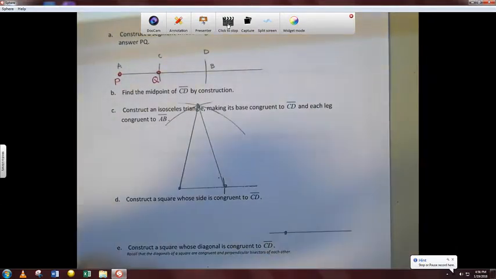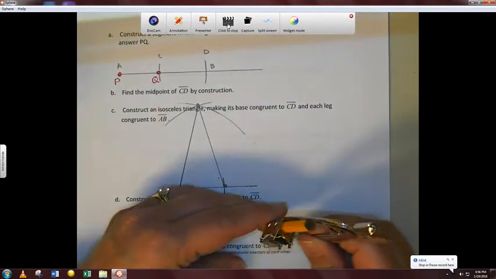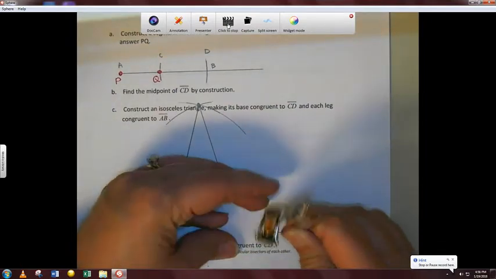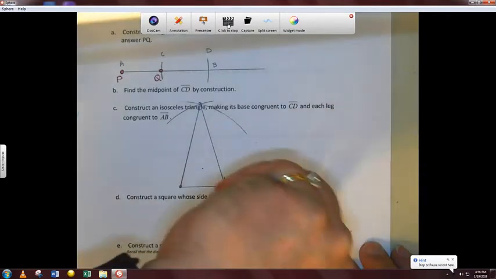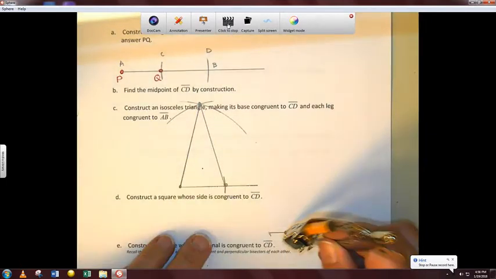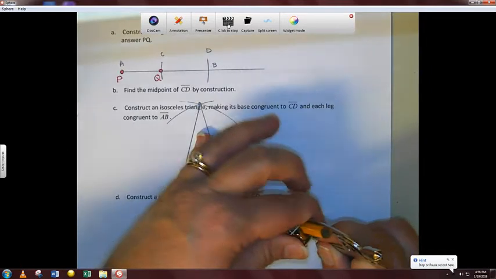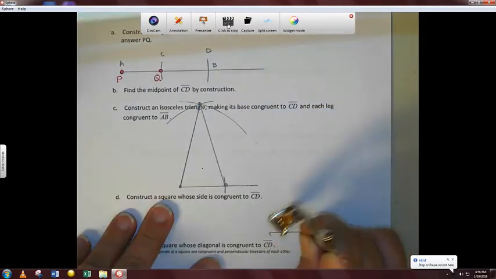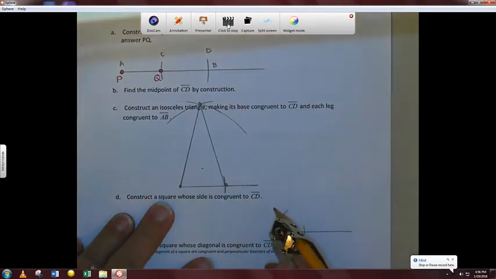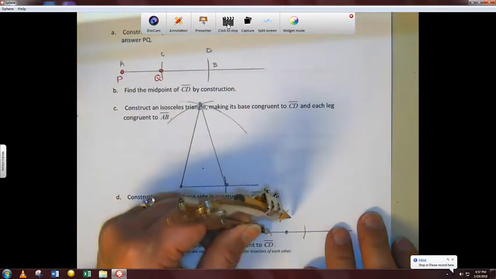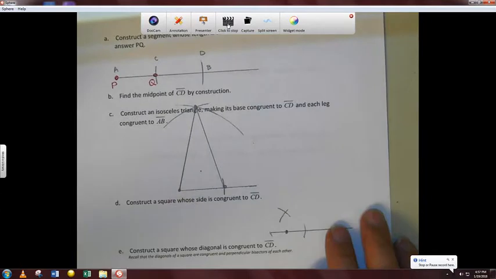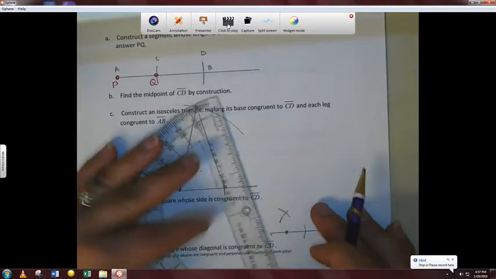So I'm going to do the smile. So we're going to do the smile construction for this guy. Here. And now I'll make my chin. I'm going to actually make it up top this time. Okay. And now I can draw a perpendicular.